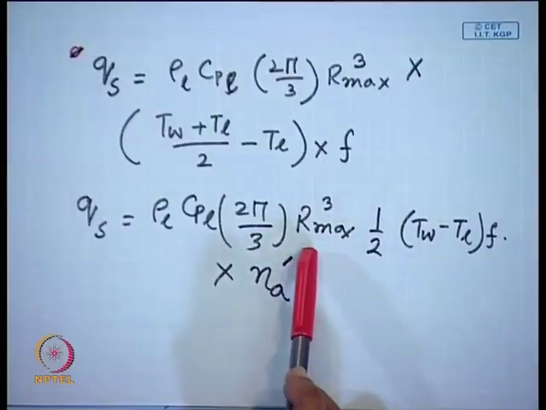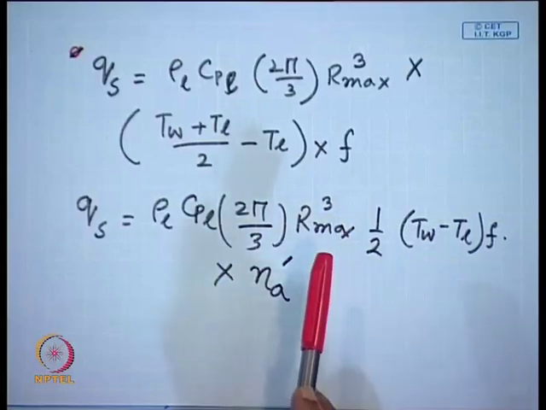As the pan surface temperature increases and the subcooling of the bulk of the liquid decreases, then only you get bigger and bigger bubbles. As you go towards saturation, you will get bigger and bigger bubbles. So, this is increasing, but R max will decrease.